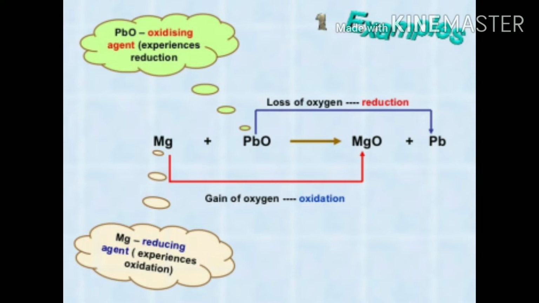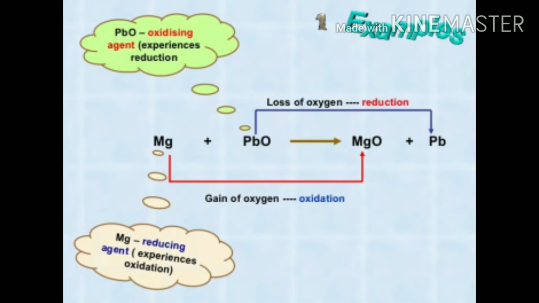In context to the above example, we can see that lead oxide gives the oxygen to magnesium so that magnesium is oxidized to magnesium oxide. So, lead oxide is helping in the oxidation of magnesium to magnesium oxide. So, here lead oxide is an oxidizing agent. In the same reaction, you can see that magnesium has removed the oxygen from lead oxide to reduce lead oxide to lead.